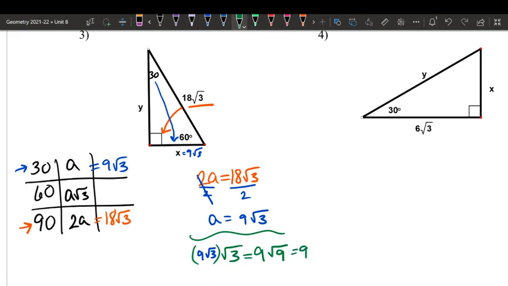So this is 9 times 3, so it's 27. So this one is 27. And that's across from 60 because it's the long leg of the triangle. So y equals 27.